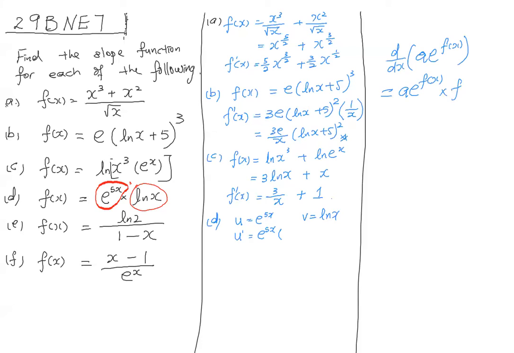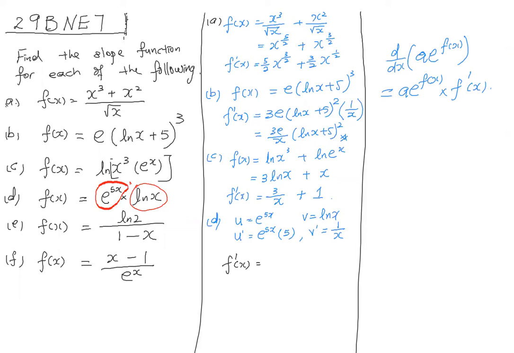The derivative of 5x, so you have to times with 5. Yeah. So your V prime is 1 by x. So then you put into your formula. So what is your f prime x?